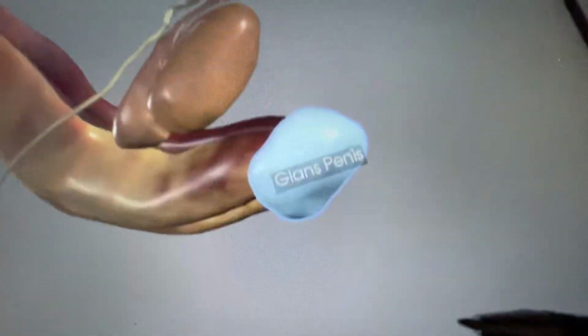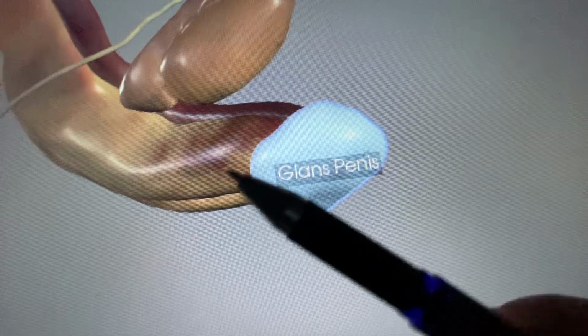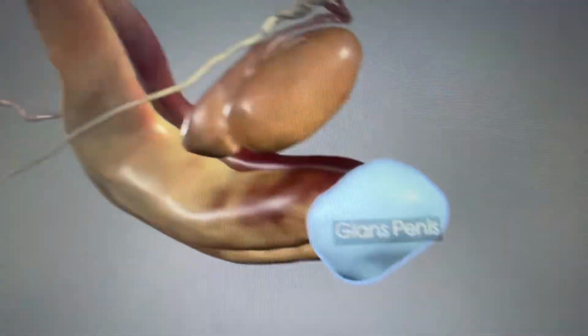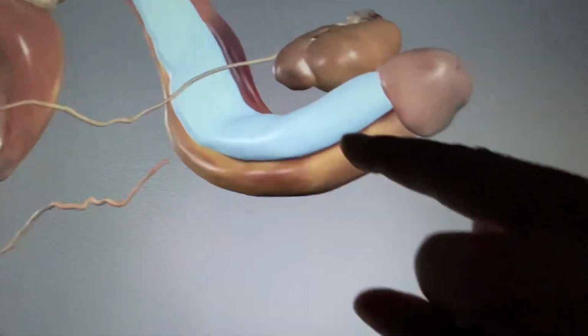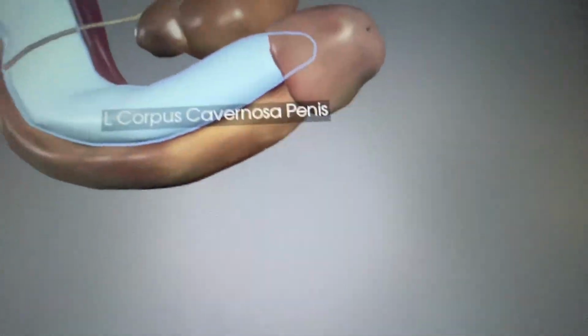This is the glans penis. And if our patient had foreskin, that was called the prepuce. That would be over top of this. And then you have the two sets of erectile tissue, which is here and here, and that is your corpus cavernosa.